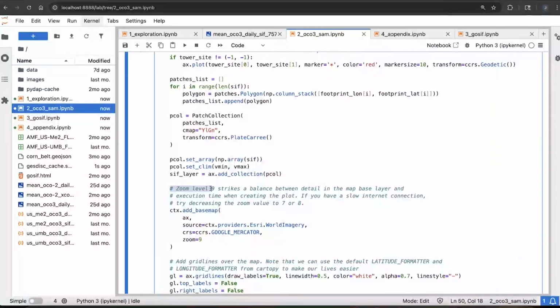Each zoom level is about 4 times higher resolution as the previous one, 2 times in each dimension. So if you have a slower internet connection or you want to use less data, you can choose a zoom level of 7 or 8, depending on your specific needs. And that comes at the trade-off of lower resolution for the base map.